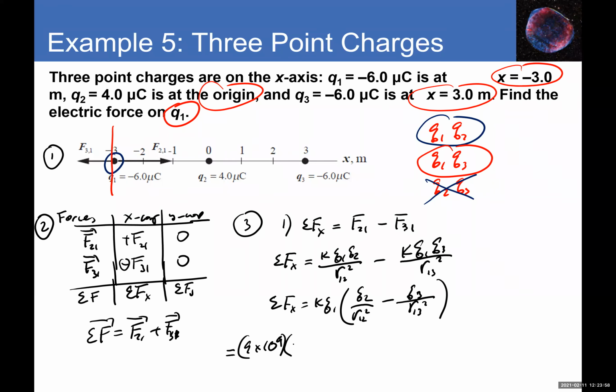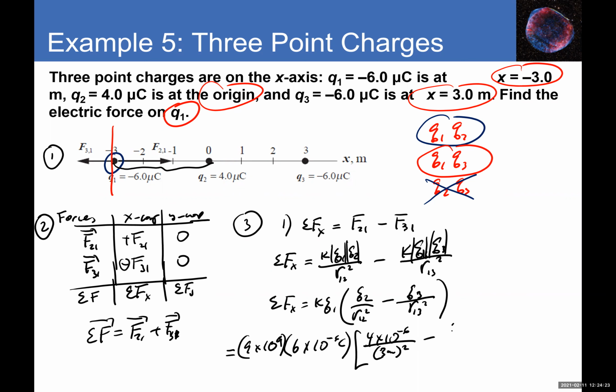Then my Q1 here, remember, all of them are absolute values. Make sure that you guys are remembering that. So that means 6 times 10 to the negative 6 coulomb. Then in the parentheses, I have 4 times 10 to the negative 6 divided by the distance between Q1 and Q2, which is 3 meters.